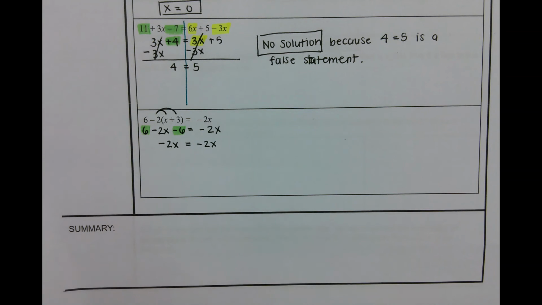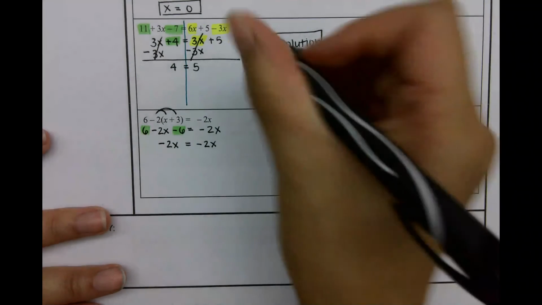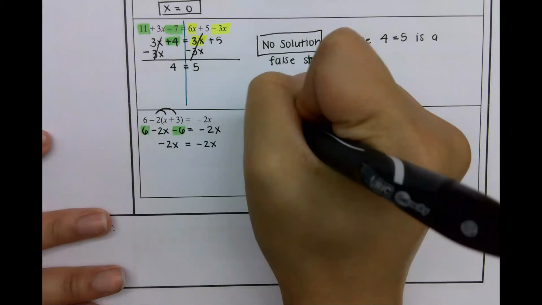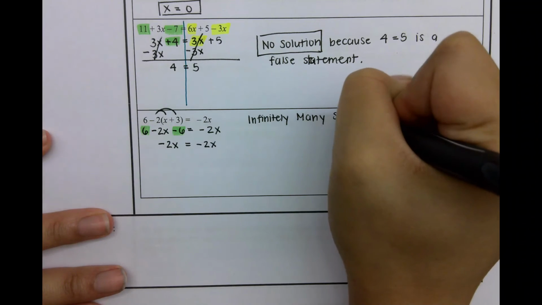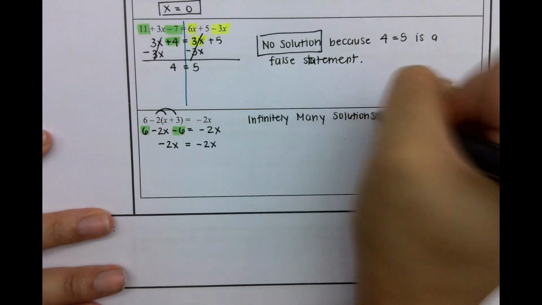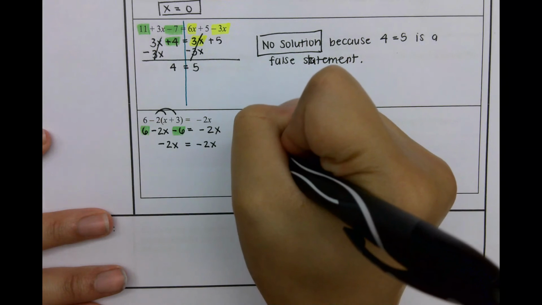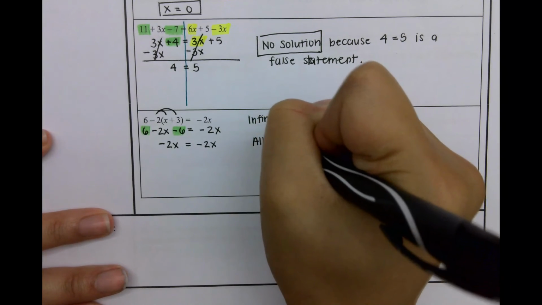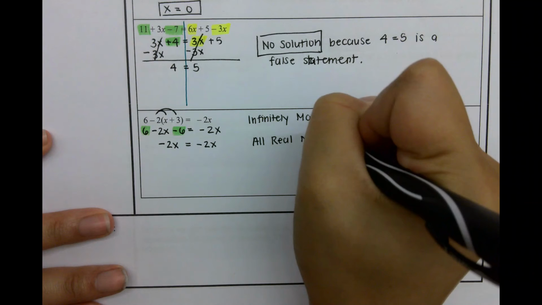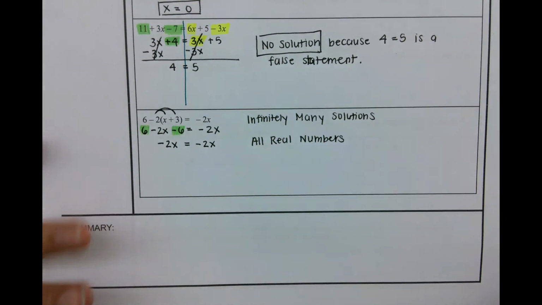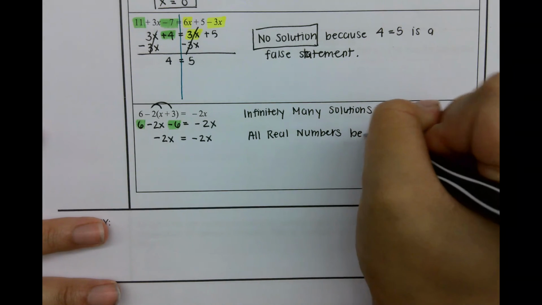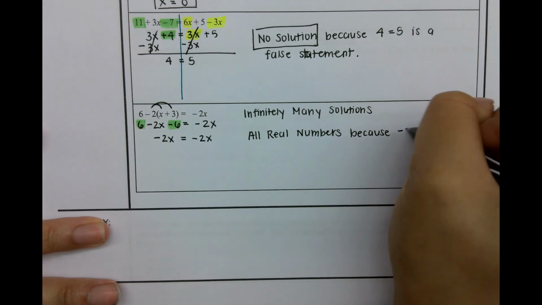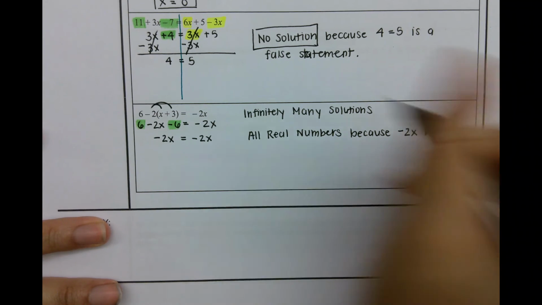This is always true. Negative 2x is always going to equal negative 2x. So what that means is I have infinitely many solutions. To be even more specific, my solutions are all real numbers, which we normally write with the special R. The reason is that negative 2x will always equal negative 2x.